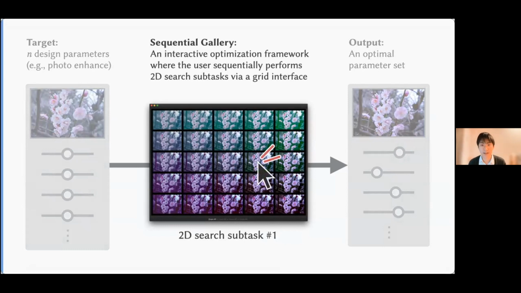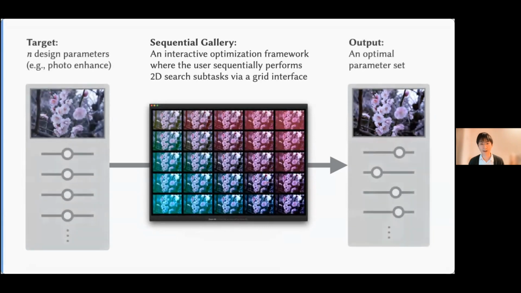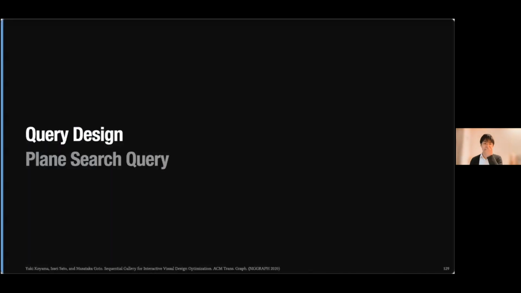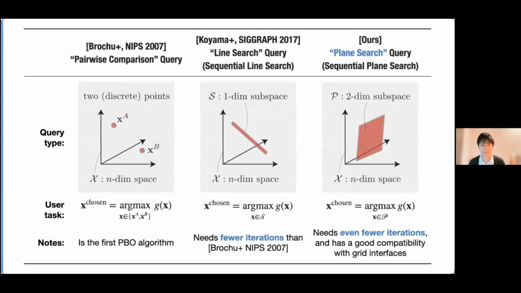Then the system updates the options shown in the grid view, and again asks the user to choose the best one from the grid. This process is iteratively performed several times. And finally, the user can obtain the optimal parameter set. Okay, so the key point is in the query design.